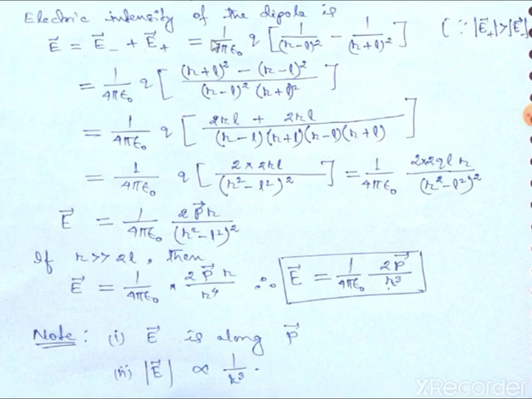Yes, 1 by 4 pi epsilon naught times q will remain the same, and for E minus it is r plus L whole square, and for E plus it will be r minus L whole square. Let me see the next slide first, okay?